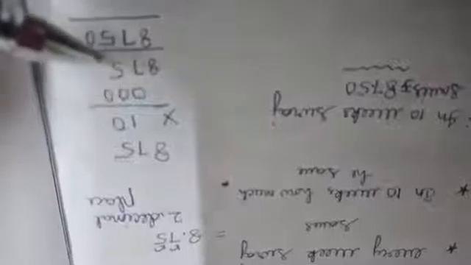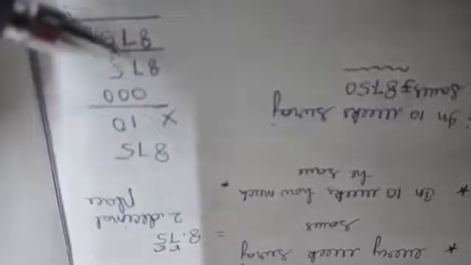Any number you multiply with 0 will become 0. So 5 into 0, 0, 0 into 7, 0, 0 into 8, 0. Now multiply with 1. 1 into 5, 5, 1 into 7, 7, 1 into 8, 8. Now add it. 5 down, 0 down, 0 plus 5, 5, 0 plus 7, 7 and 8 as it is.